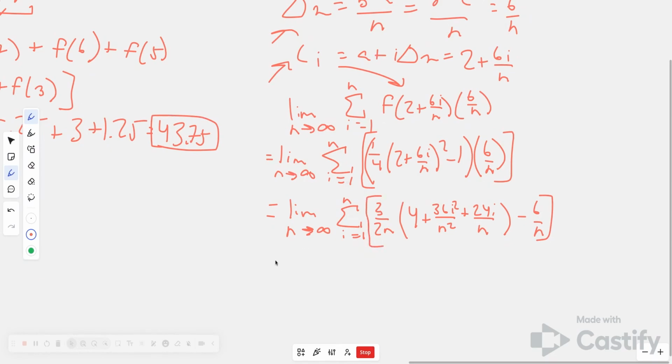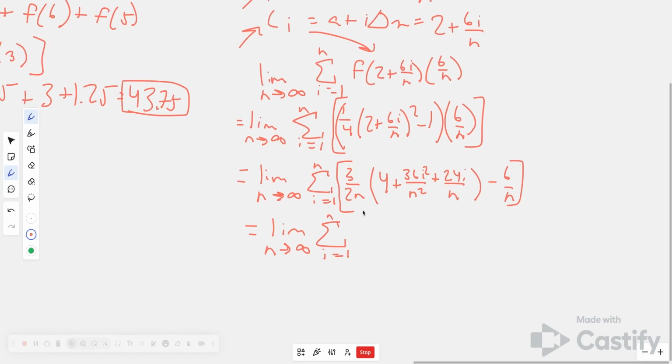Okay, and then we can distribute from here again. So remember to keep simplifying along the way so you don't have to worry about having too many big numbers in the end. So here, when you multiply this out, you get 6 over n.